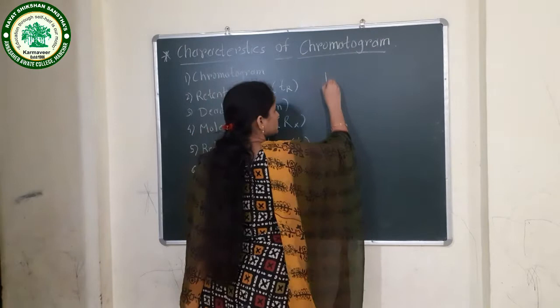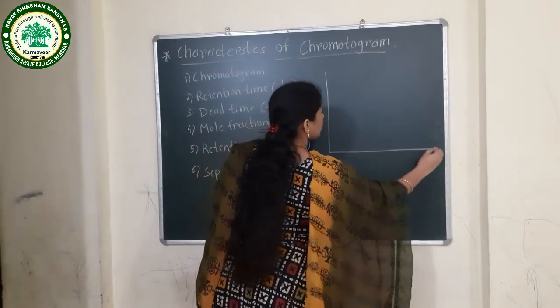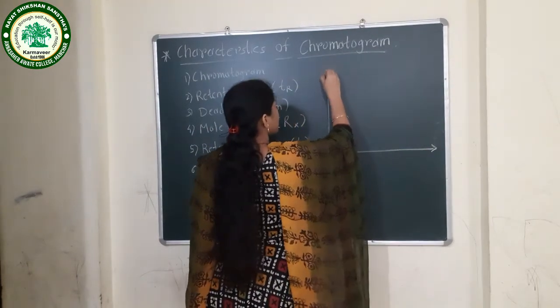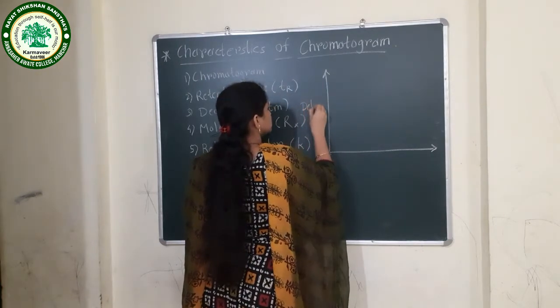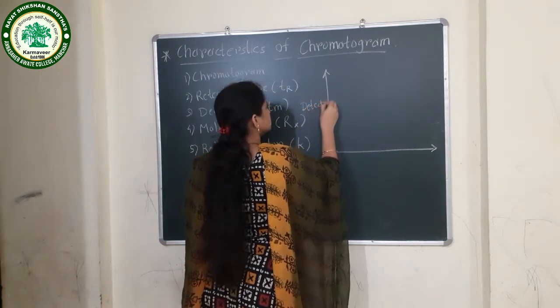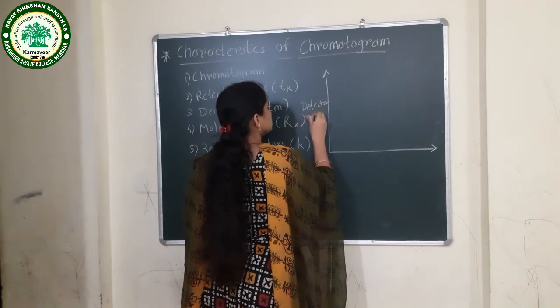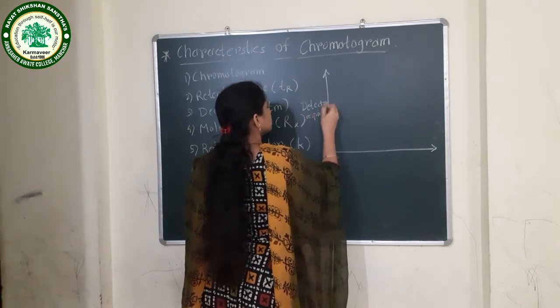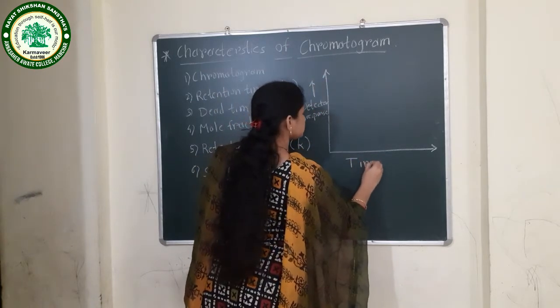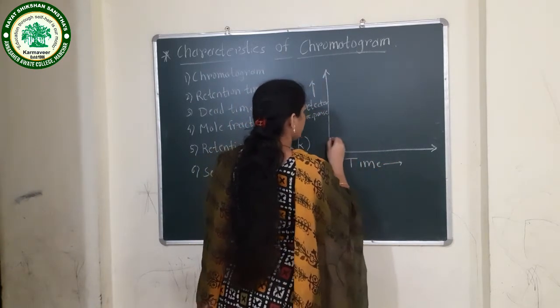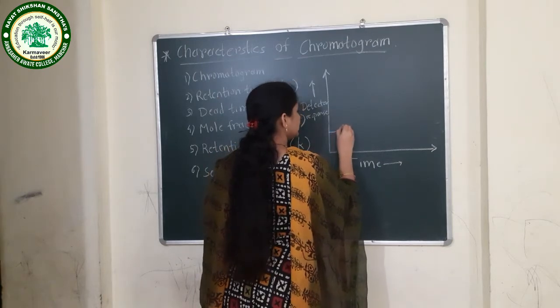That graphical response is called the chromatogram. Okay, this graphical response is detector response versus time. We obtain the plot like this.